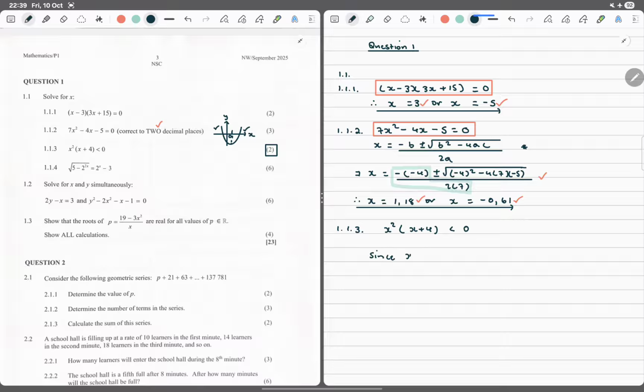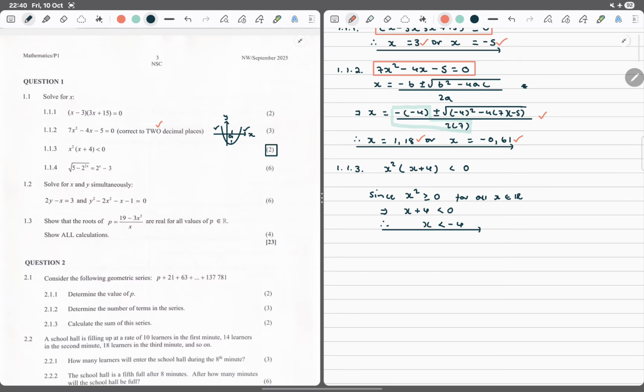So we can write, since x squared is greater than or equal to 0, for all x element of real numbers, this implies that for that product to ever be negative, the bracket must be the one that's negative. So therefore, our x must be less than minus 4. That's the solution. Nice and easy, not complex there.